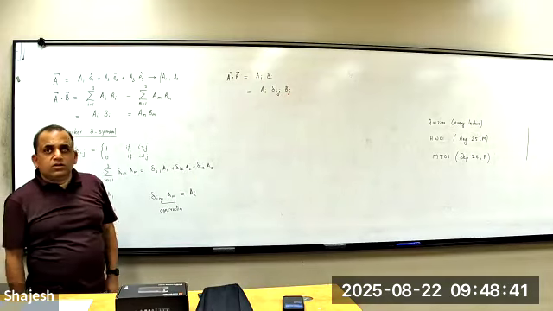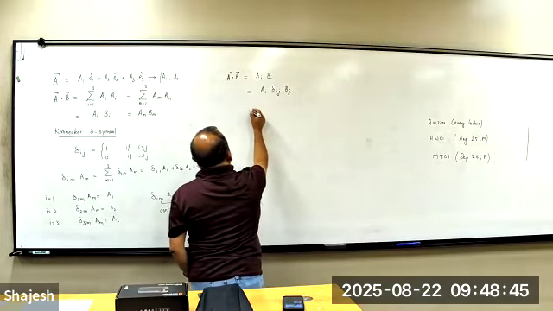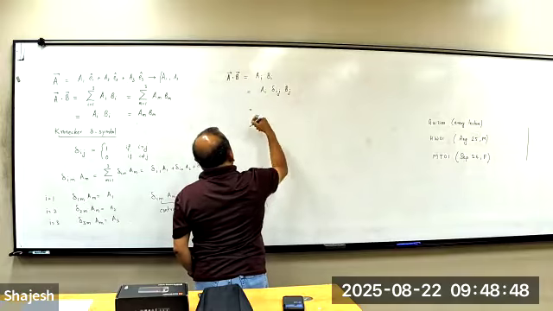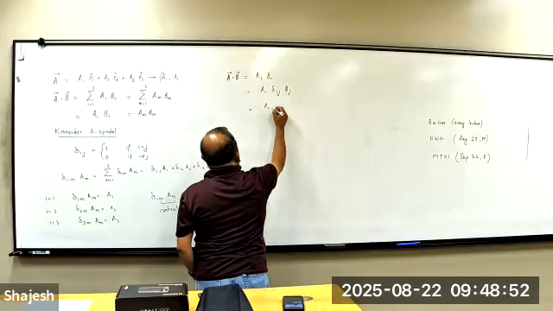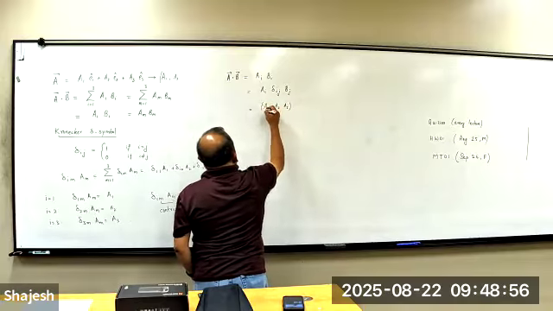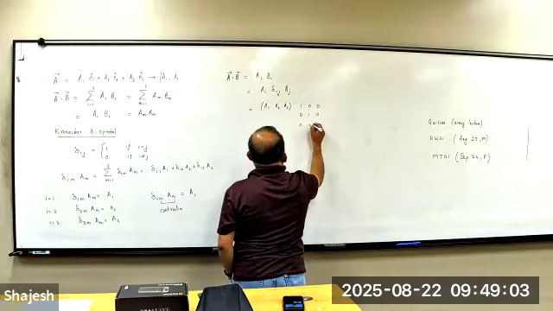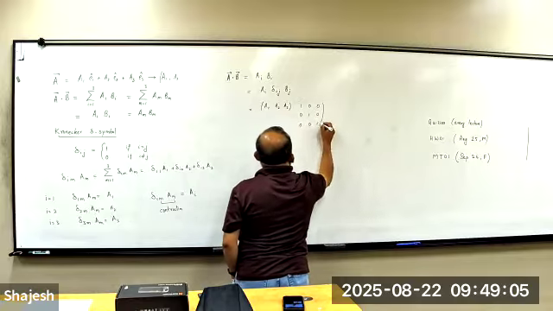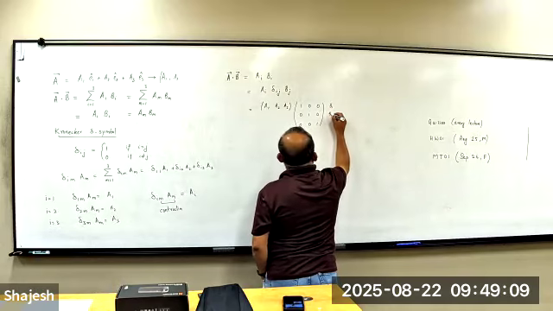That's also the same. If you want to see this in matrix notation, you can think of this as a transpose of a vector. So that's A1, A2, A3. Delta ij is a matrix, or you can imagine that to be a matrix. And this is B1, B2, B3.